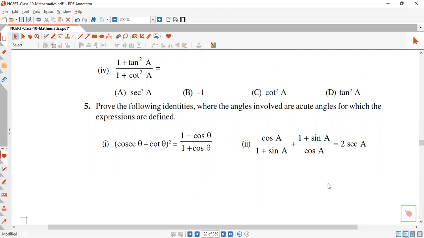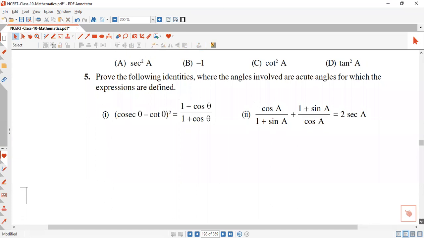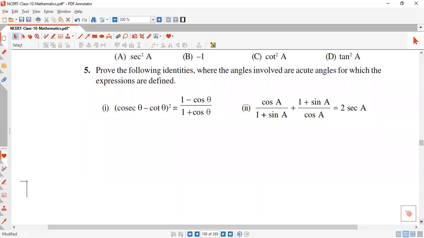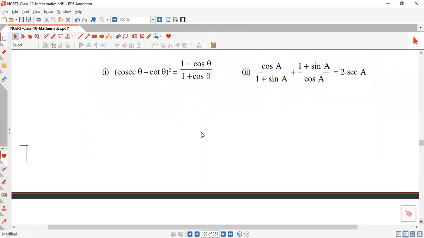Now, question number 5. Prove the following identities where the angles involved are acute angles for which the expressions are defined. Okay, part 1. We want to prove this one. Starting with the left hand side, what is given to you?